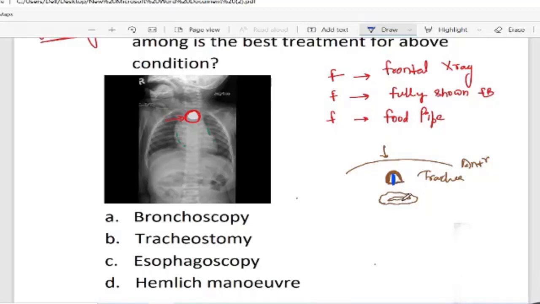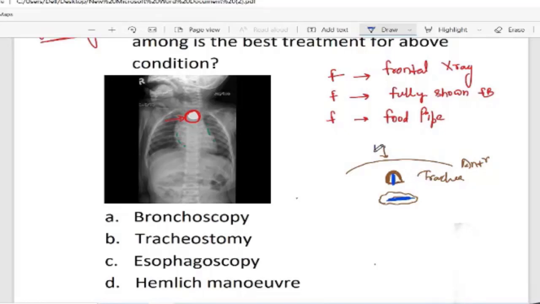If the foreign body is in the esophagus, which is already compressed, the foreign body will lie in the horizontal segment. So in the esophagus, if we see from the front, the foreign body will seem a complete ring because it is in the horizontal posture. Whereas in the trachea, a foreign body will look like a slit.